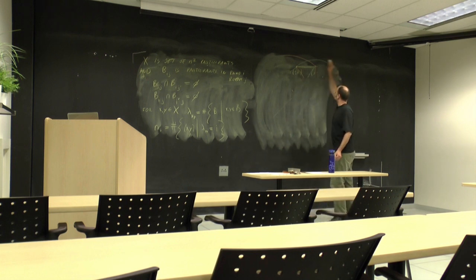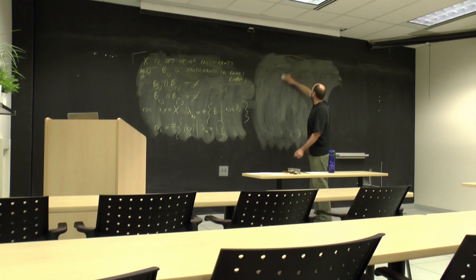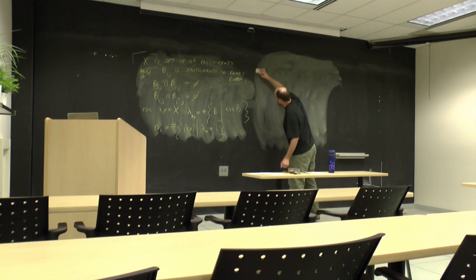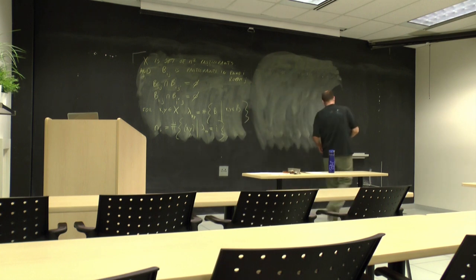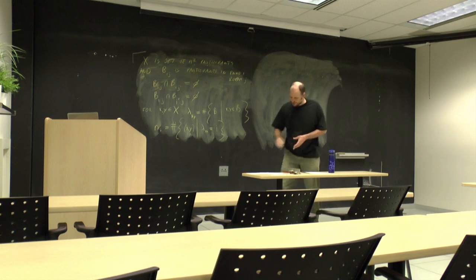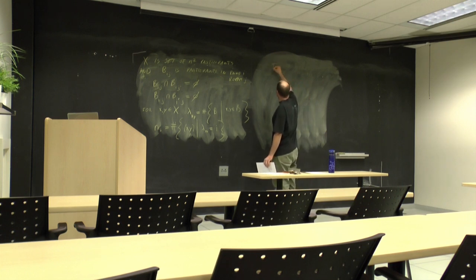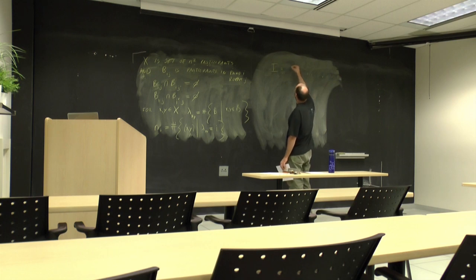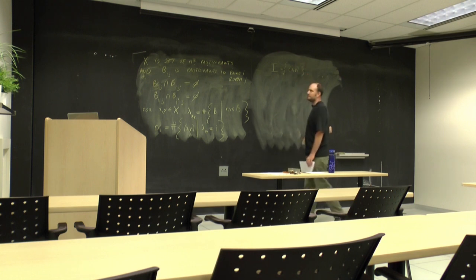So I'm now going to introduce to you a technique that we use in combinatorics all the time to try and get more information out of our system, and it's called double counting. So I'm going to count a set I, which just consists of all the possible pairs.